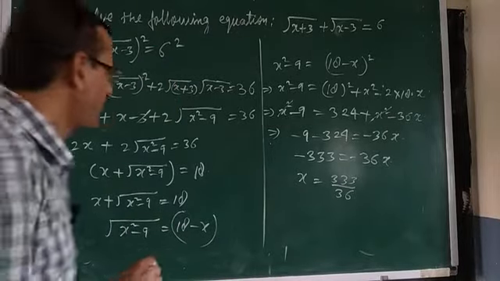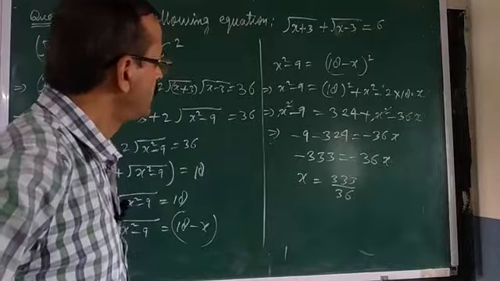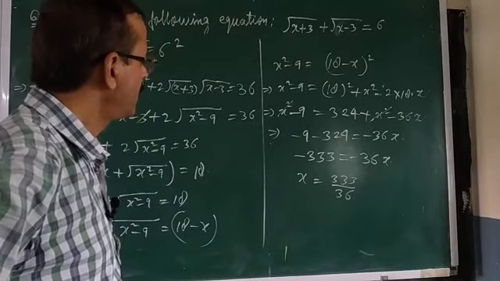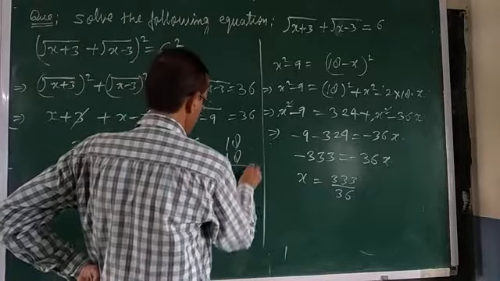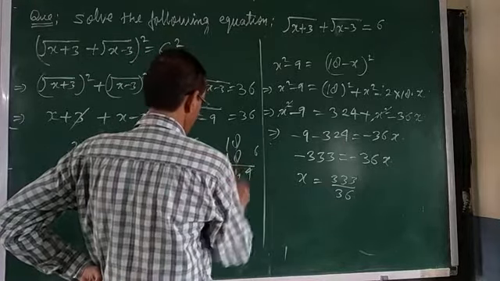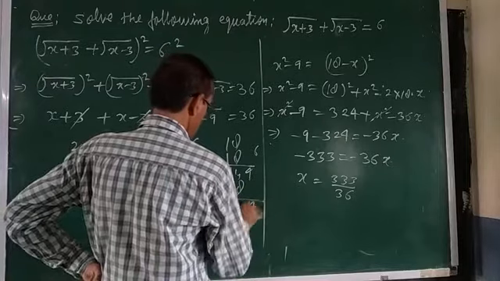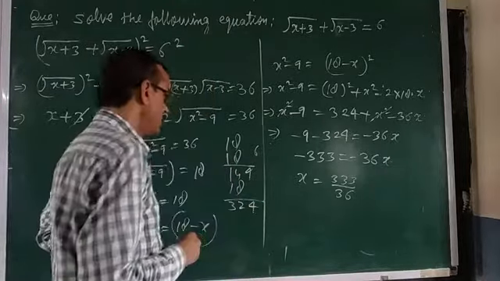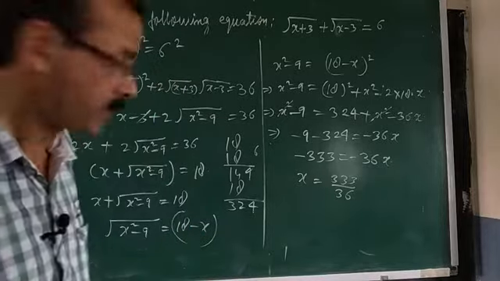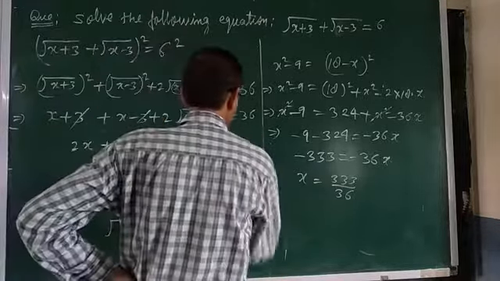So correct. 18 times 18 is 324, right? 18 18, 324, no doubt in this.